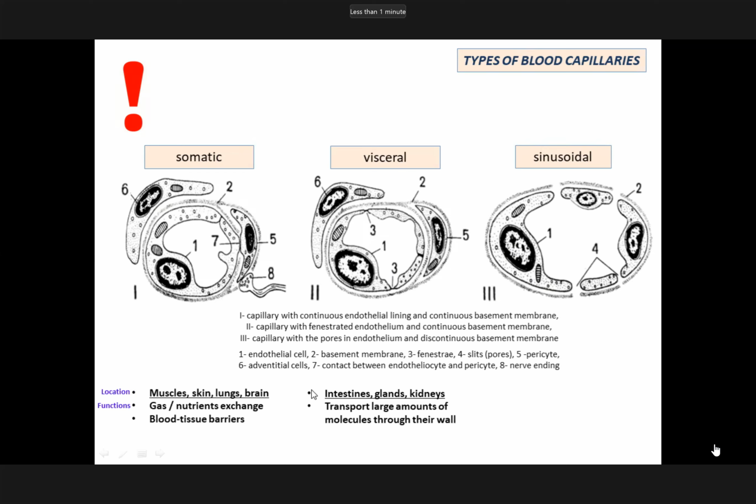And these are located in intestines, glands, endocrine glands, and kidney. And they transport large amount of molecules through their walls, through this area of more thin cytoplasm of endothelium.